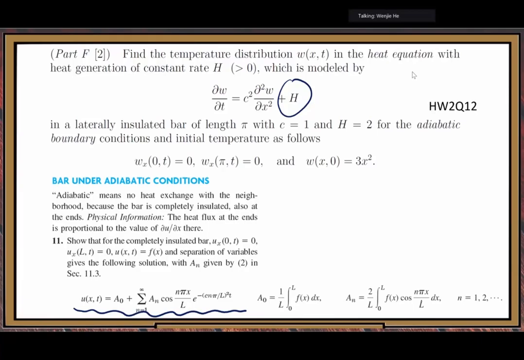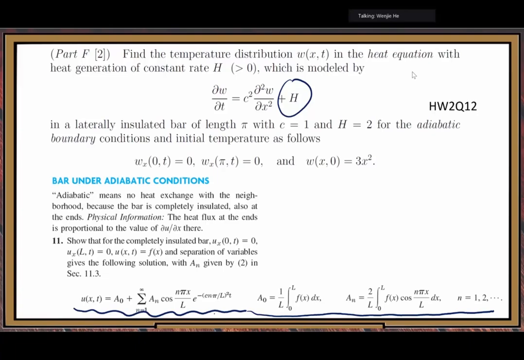Just calculate integrals. So those students just applied these formulas to calculate the result. But here I want to mention one important point. If they use this way, they missed one important step.